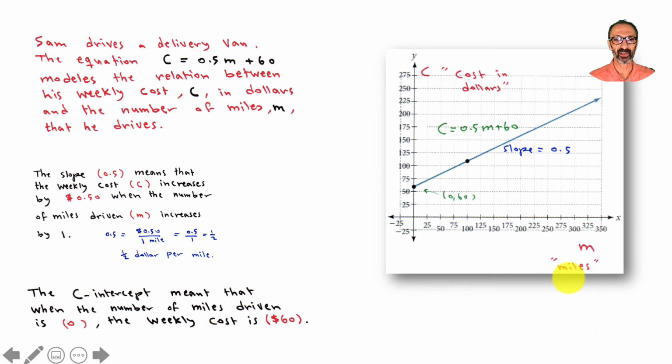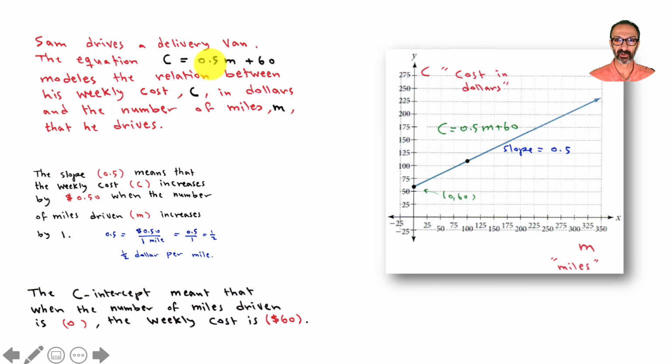So when the number of miles is 0, you are paying $60. That's the meaning of the y-intercept. Without driving any miles, you are supposed to pay $60 as a weekly cost or rent.